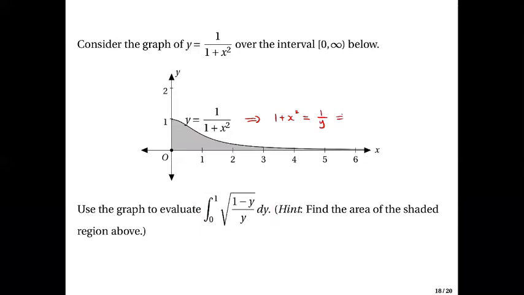And this will give us x squared equals 1 over y minus 1. If we combine this into a single fraction, this will be 1 minus y divided by y. Which means that we will have x equals plus or minus square root of 1 minus y divided by y.